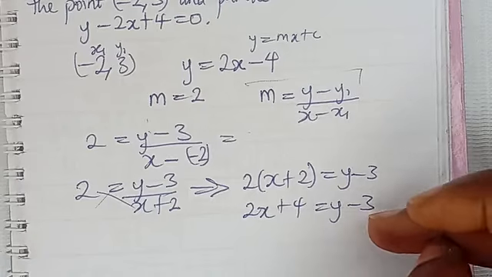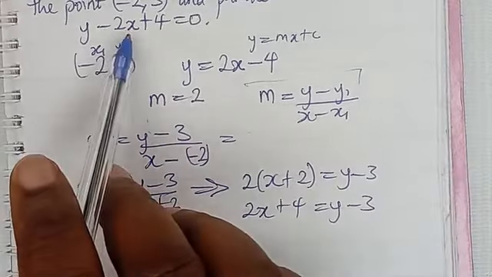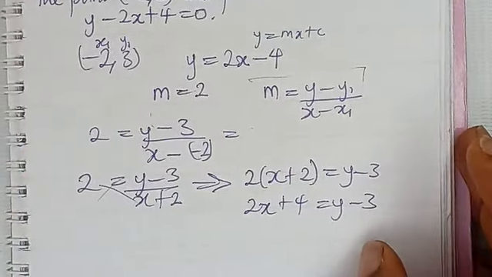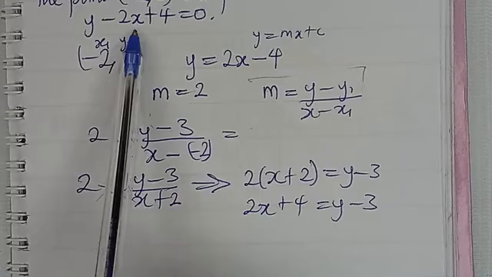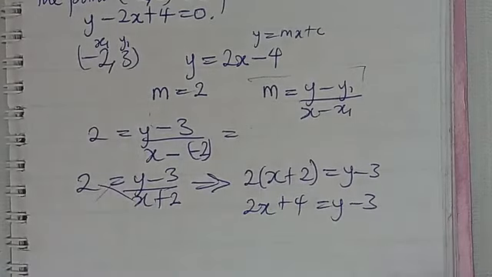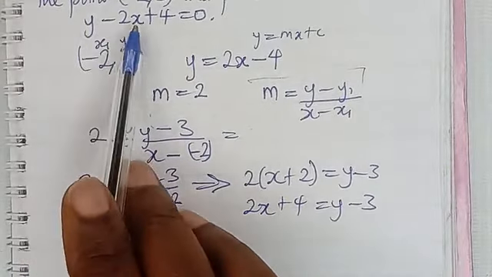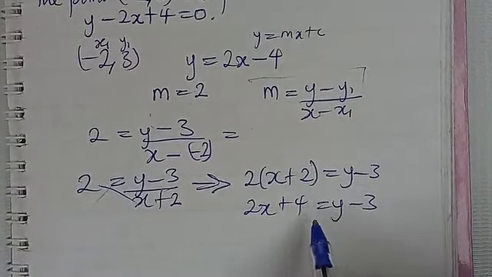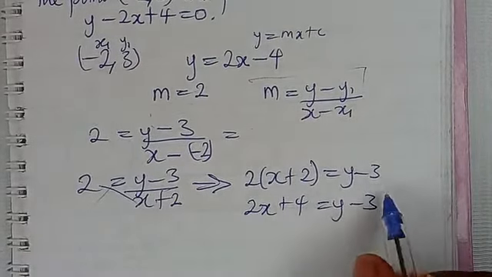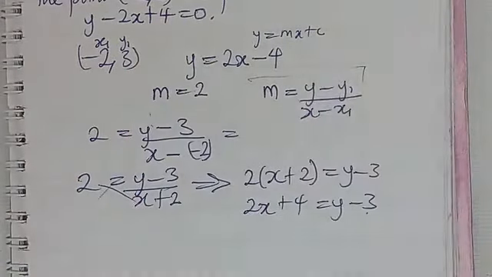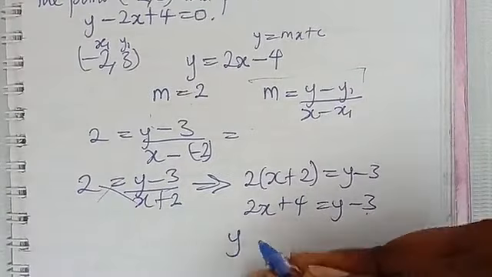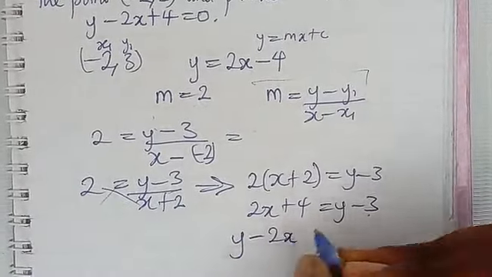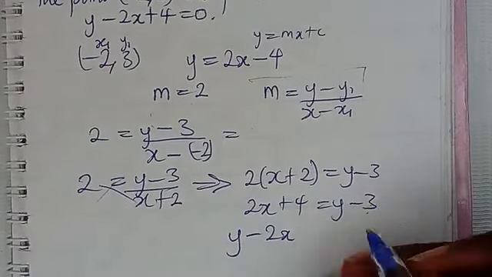Now, before we can rearrange this, let's look at the equation given to us. Always try to give a similar equation, an equation that looks like the one given to you. So we see that y comes first, right? So because of that, let us send everything to this side and then equate it to 0. We now have y, then 2x comes to be minus 2x, and then we have minus 3 already here.